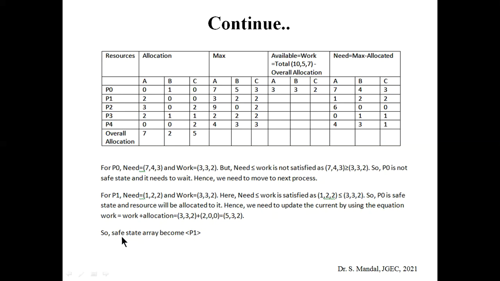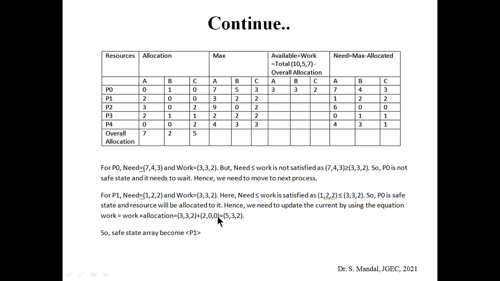We put the P1 process into the safe state array. That means P1 will be executed first, and at the same time work will be updated. Current work will be the previous work plus allocation. Previous work is 332, and the current allocation is 200 for the P1 process.